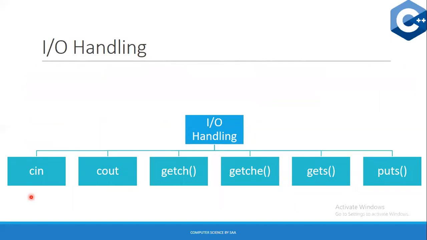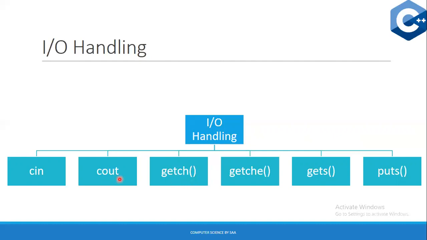There are basically six statements and functions that are used for I/O handling: the cin statement, the cout statement, both of which are statements, then the getch function, getche function, gets function, and puts function. You can see the parentheses after the name getch. These parentheses show that it is a function.